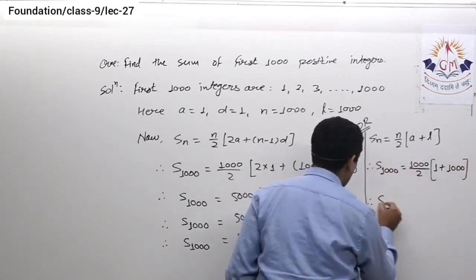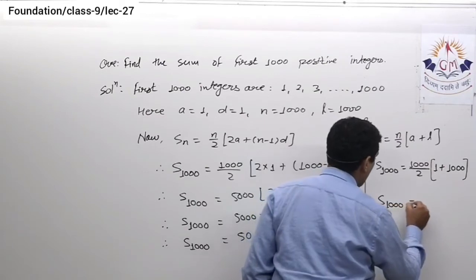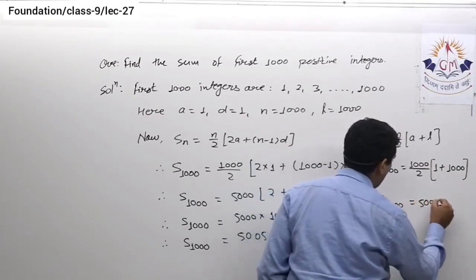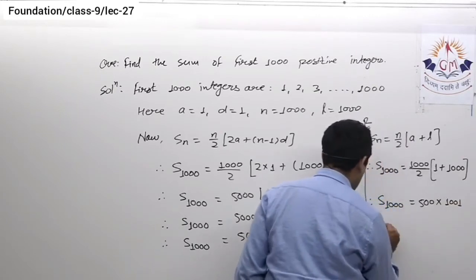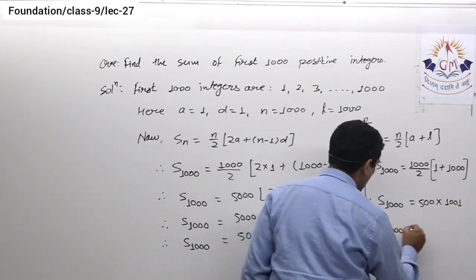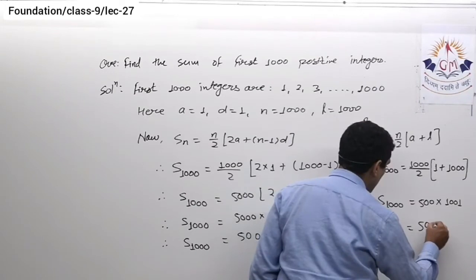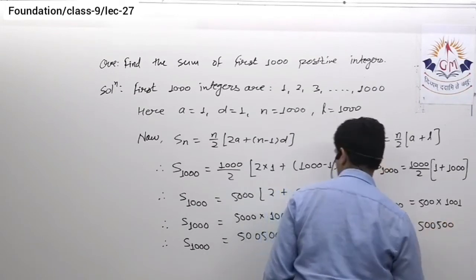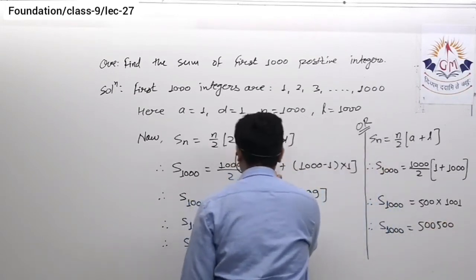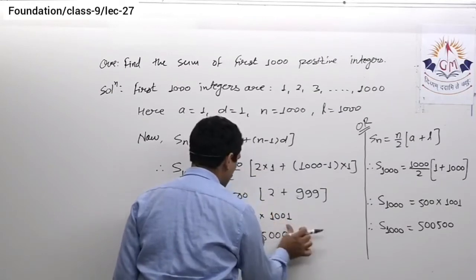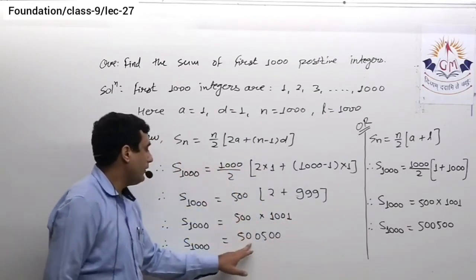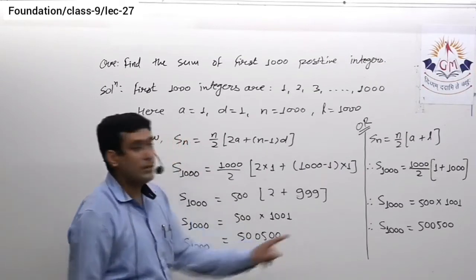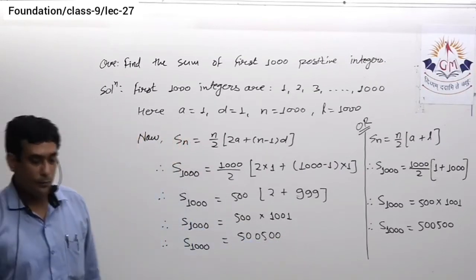Okay, so S1000 is equal to 500 multiplied by 1001. So S1000 is equal to 500500. Okay, here it is 500, not 5000. So this will be the final answer. 1000 by 2 is 500. So 500500. So you can see the answers are same in both the cases.